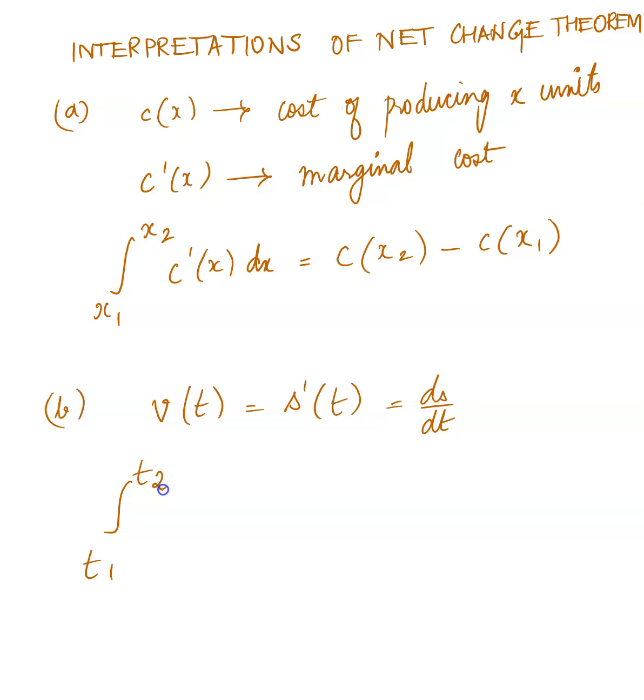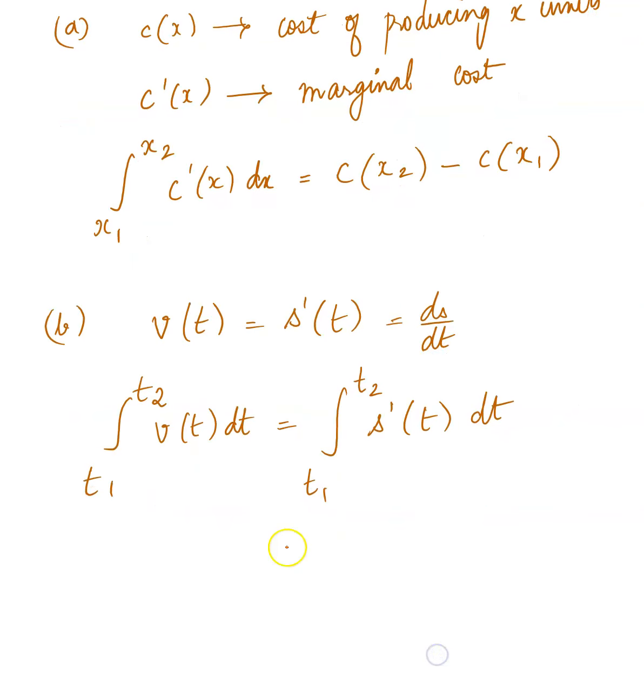So if we were to do from time 1 to time 2, because that's the variable, and we took the integral from t1 to t2 of the velocity dt, the v could be replaced by s prime of t dt, and that is coming from your net change theorem.